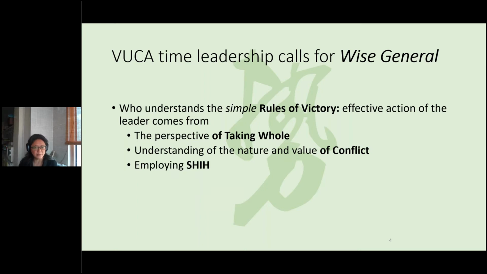First of all is the perspective of taking whole, and the second one is understanding the nature and value of conflict and making very skillful use of that. And the third thing a wise general does is employing shi. I'll give you more details in the following charts. So this would be the key concept of a wise general. What makes a wise general?